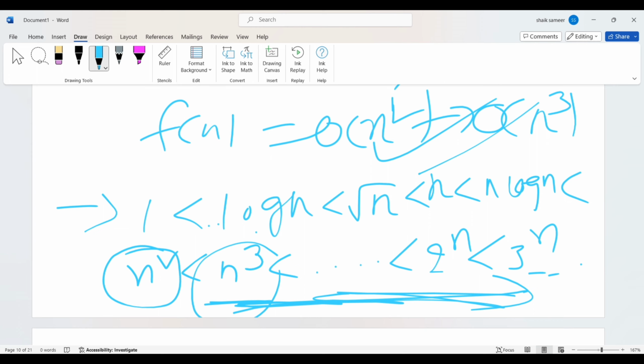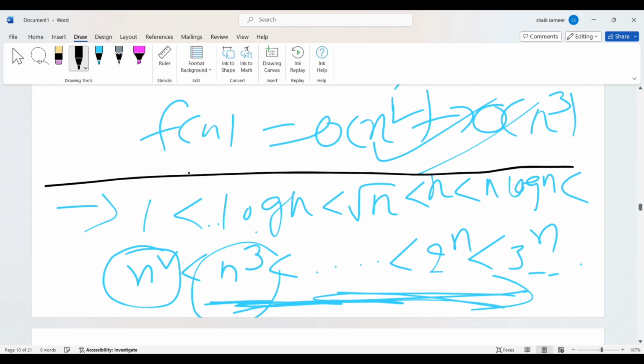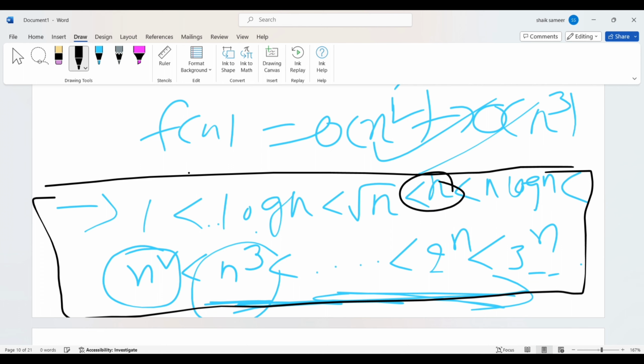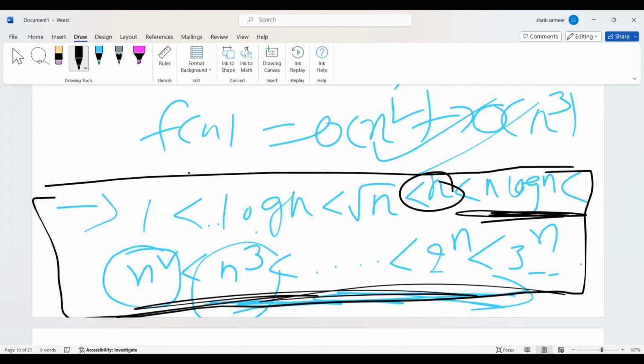Bigoh notation tells about the upper bound of n square, and that's why Bigoh notation is an upper bound. Similarly, you can substitute any value from there. So remember this order; you can substitute any value in Bigoh notation.